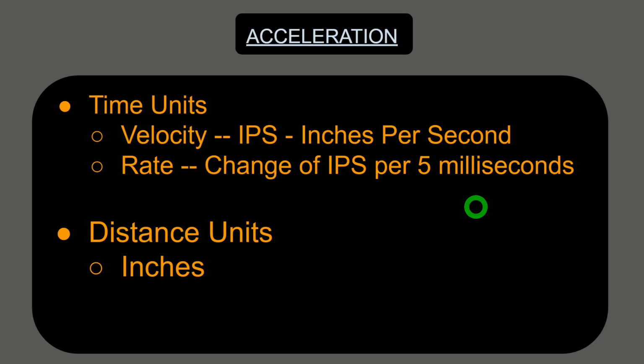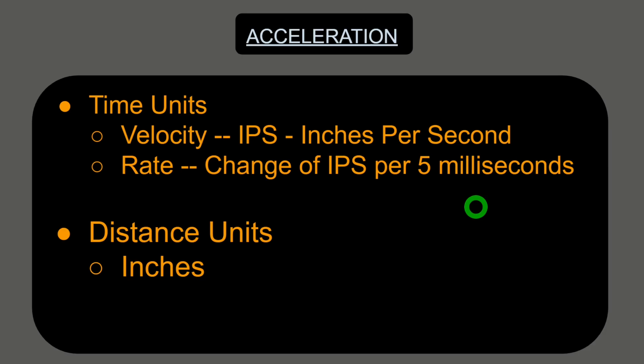We need to kind of work within very specific units when talking about velocity and rate of change and so forth. For example, you get in your car, if you're in the United States, you're going to be driving X number of miles per hour. Well, that's a way bigger time segment, distance segment than our little ZOOMTOWN.